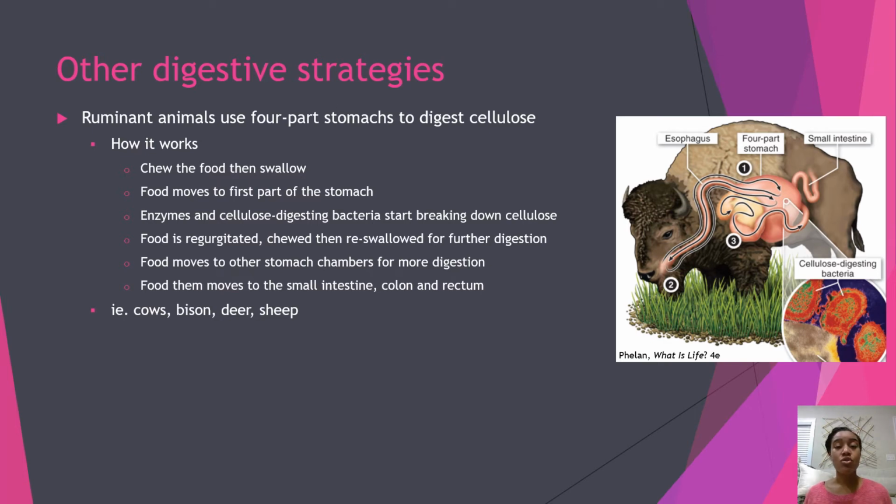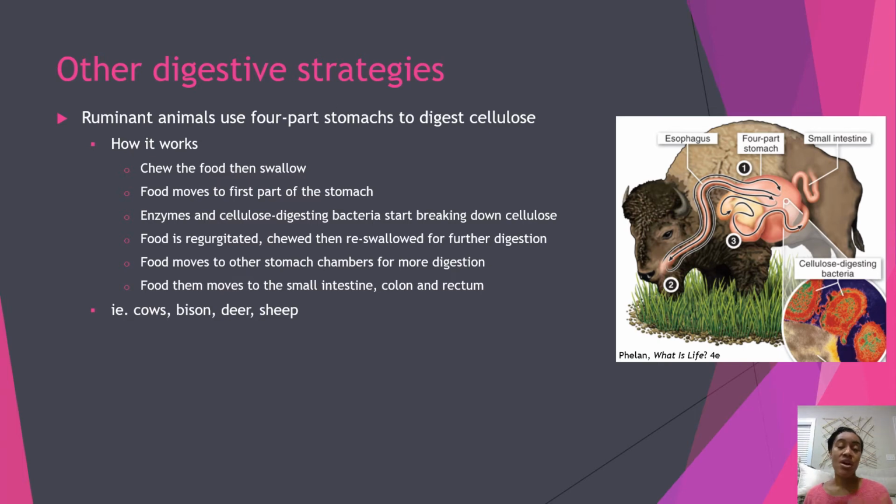And so this is called chewing the cud. If you've ever heard of that, that's what's happening. So they'll further chew it to help break down even further that cellulose containing material, and then they'll re-swallow it back into their digestive system to that first chamber of the stomach. And in that first chamber, those bacteria and enzymes will further break down more of that cellulose before moving the material to the other chambers of the stomach.